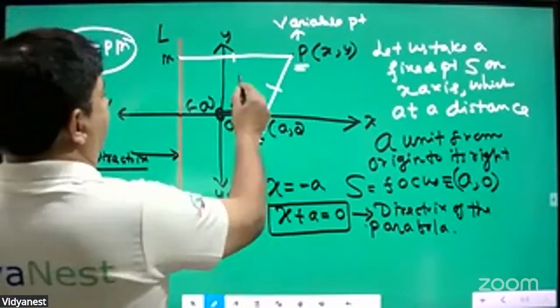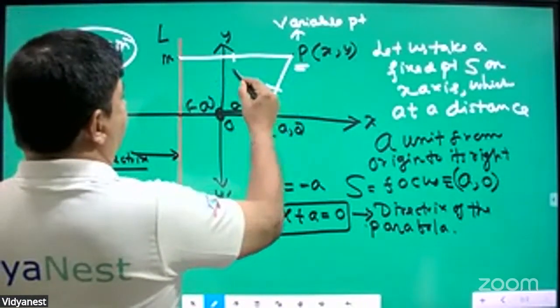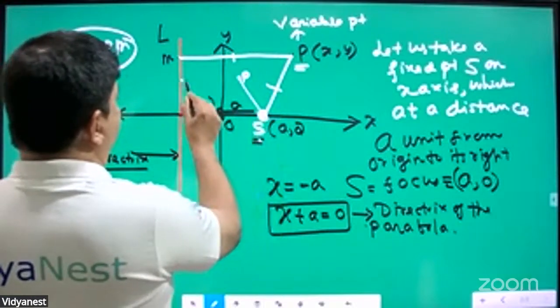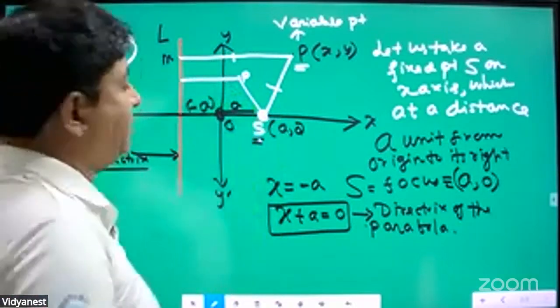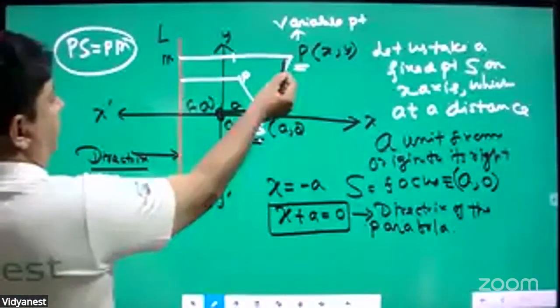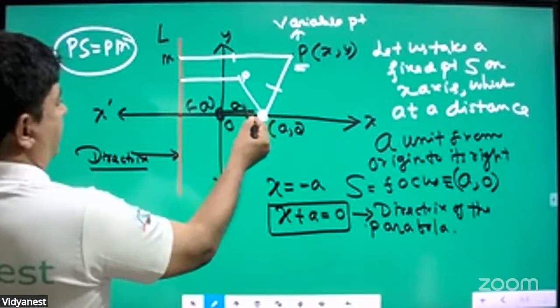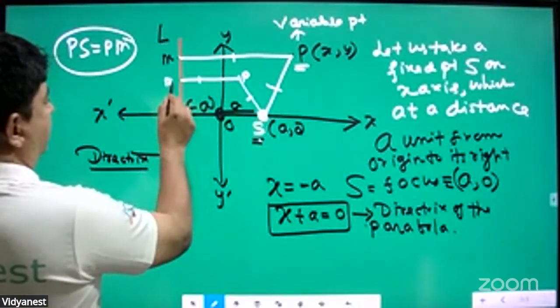Suppose the point P comes here, then also PS and PM, this relation will hold. If P starts to move and reaches this place, then also this relation will hold.